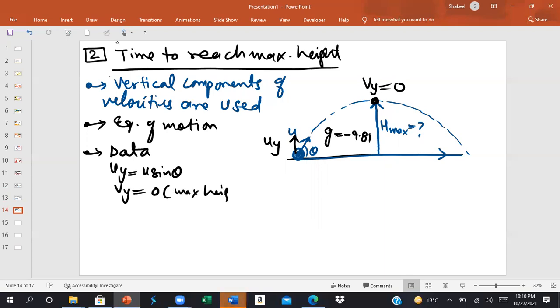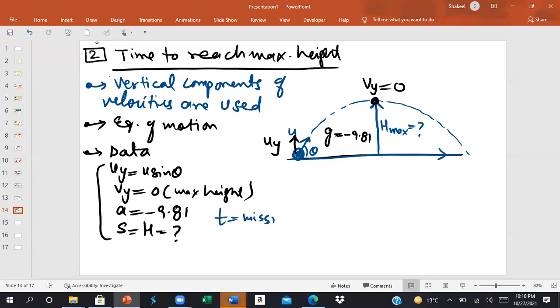The acceleration is minus 9.81, which is known, and you have to find S or H. In this, time is missing, the time is not given. So you will select an equation in which time is not there. So we will be using 2as equals v square minus u square.